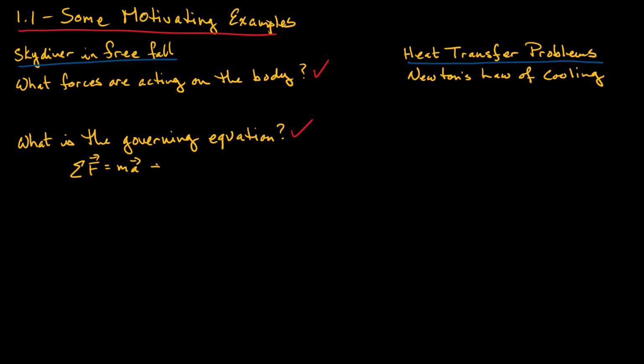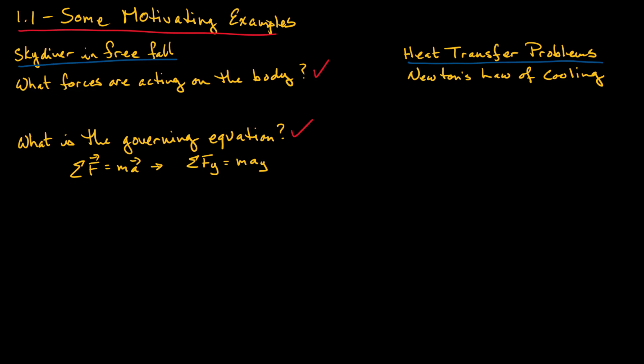Or in one dimension, we can just say that the sum of the forces, and we can say in the y direction, is equal to the mass times the acceleration in the y direction. Now, as you know, the best way to approach these problems is to look at a free body diagram of the problem at hand. So let's do that.